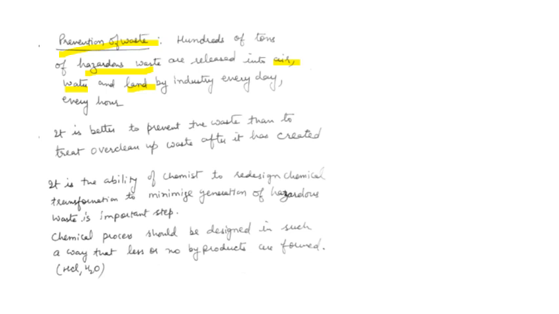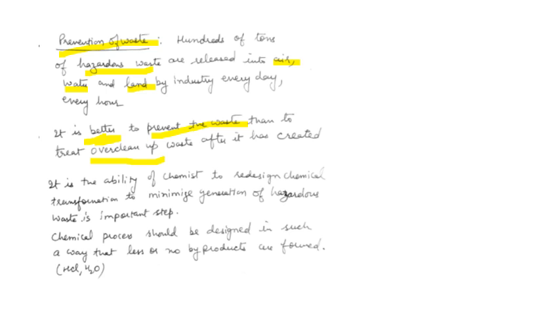It is better to prevent the waste than to treat or clean up waste after it has been created. It is better to prevent or minimize the waste rather than just releasing it and thinking that it is cleaned up.